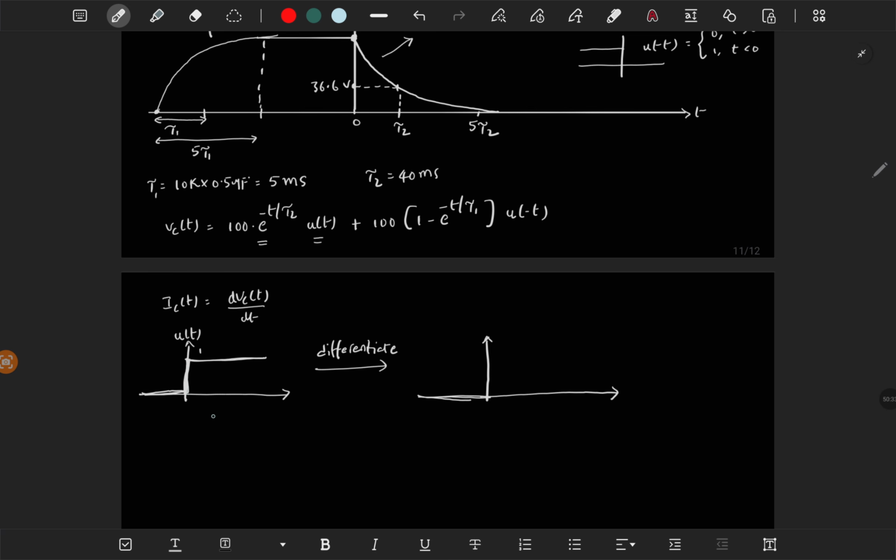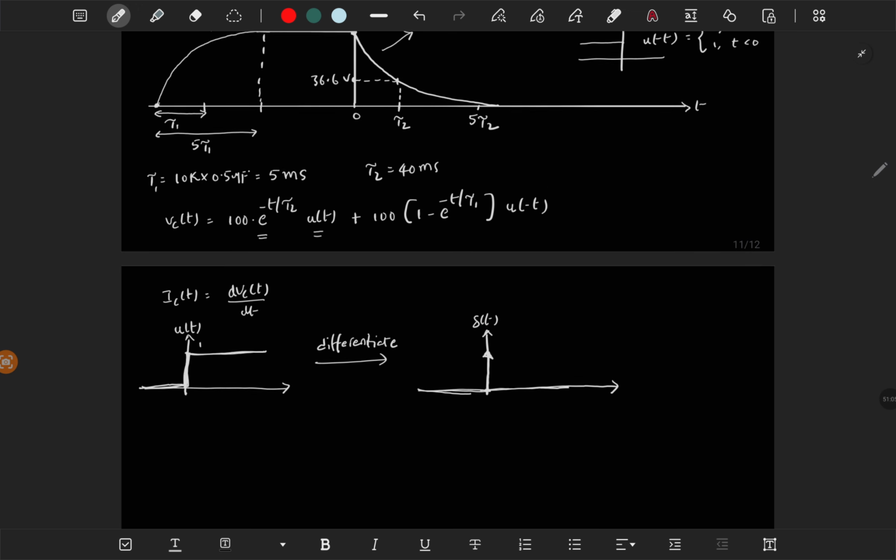Here, within no time it is going from 0 to 1, so if you write dy by dt, you will get 1 minus 0 by 0, which is infinite, I mean very high, which we call an impulse. So at t equal to 0 we have an impulse function, and after that it is constant, so again it is 0. This function we call the impulse function, which is del of t.